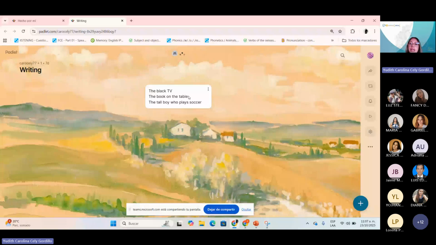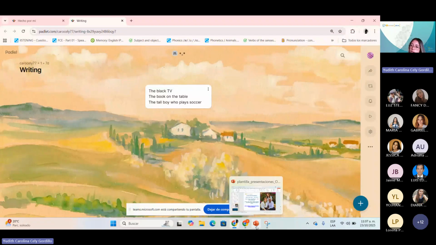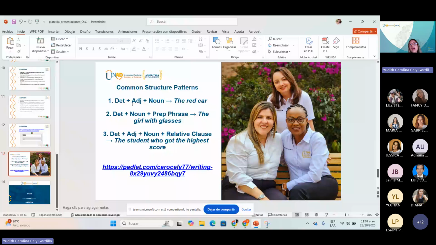The black TV, the book on the table, the tall boy who plays soccer. Yeah, that's all right. Using the structure that you have in the chat. That is determiner, adjective, and noun: the red car or the beautiful flower, the black backpack, for example.